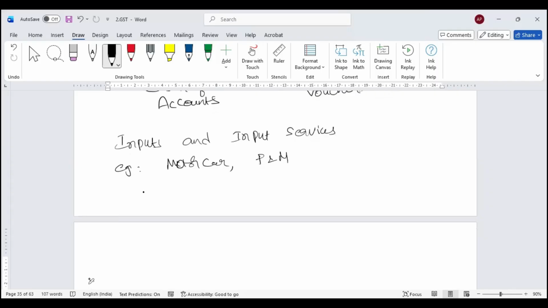Motor car, plant and machinery look like fixed assets, but may be current assets based on my business model. Ideally, motor car is capital goods, a fixed asset. Plant and machinery, capital goods, fixed assets. It can also be a current asset when I'm doing a trading activity. Correct?